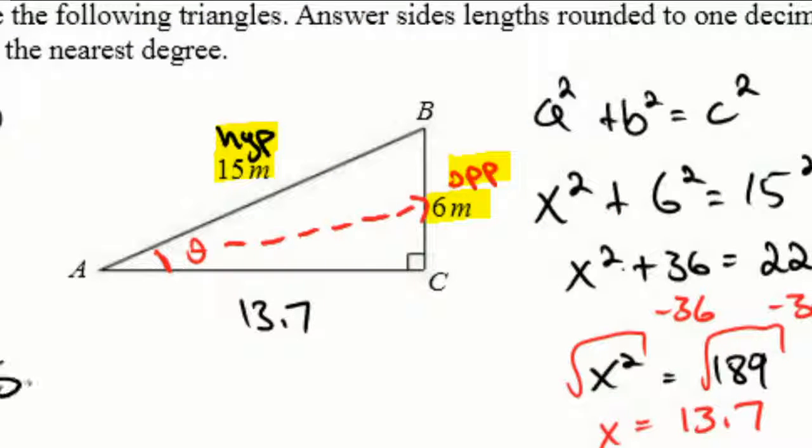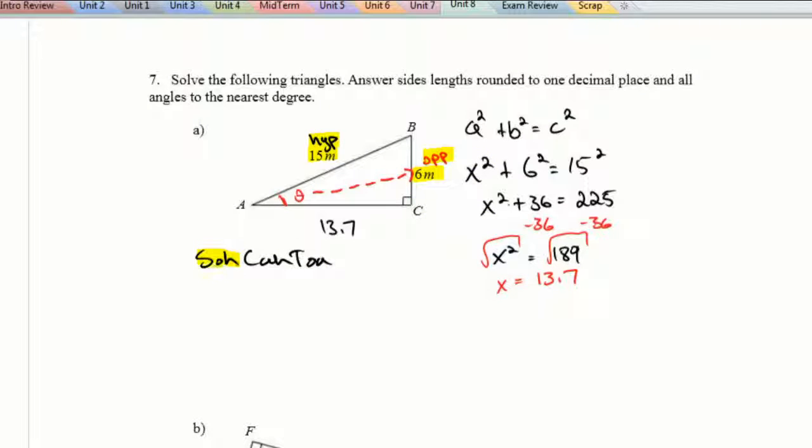Think about SOHCAHTOA. Opposite, hypotenuse. That is the sine. Sine of the angle is the opposite over the hypotenuse. I'm going to take the sine theta, it's the length of the opposite side, divided by the length of the hypotenuse.